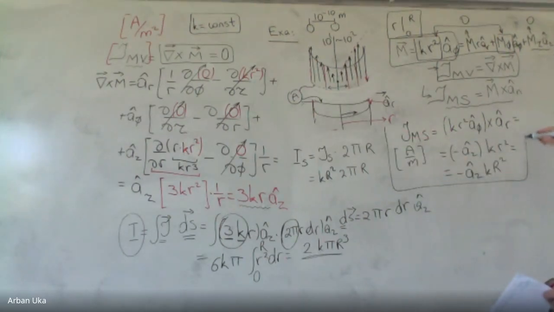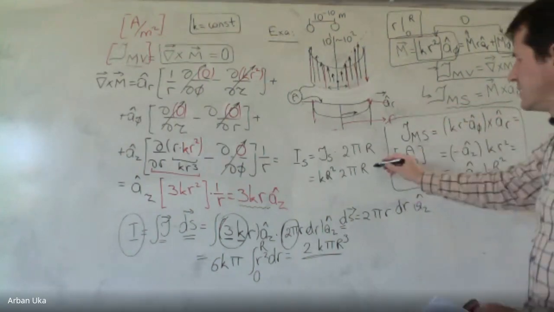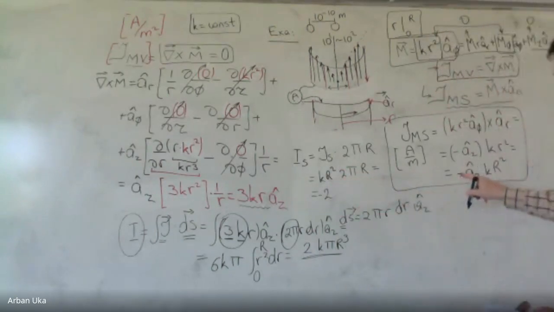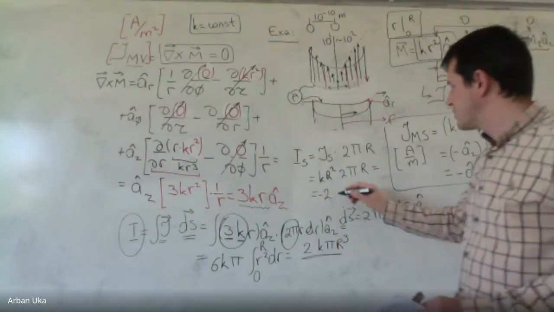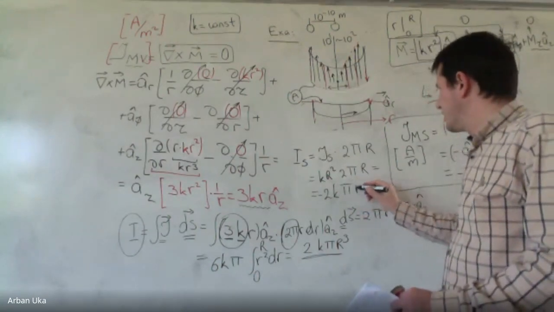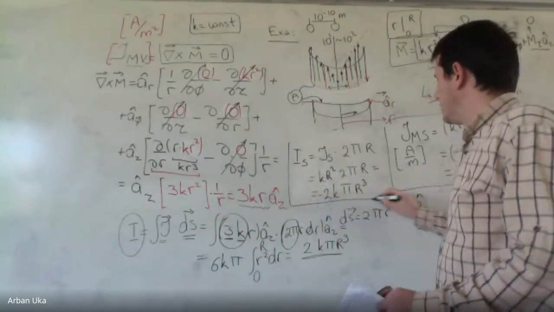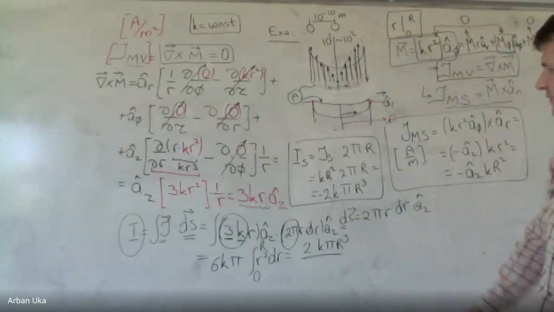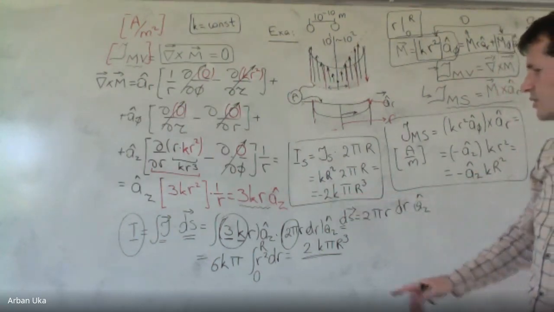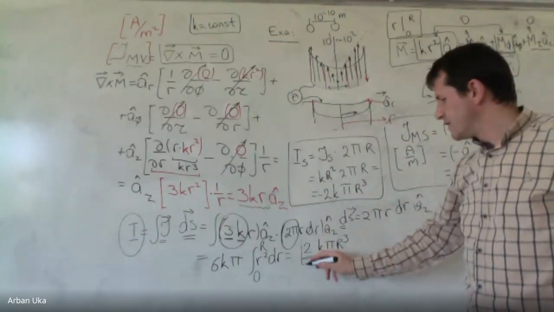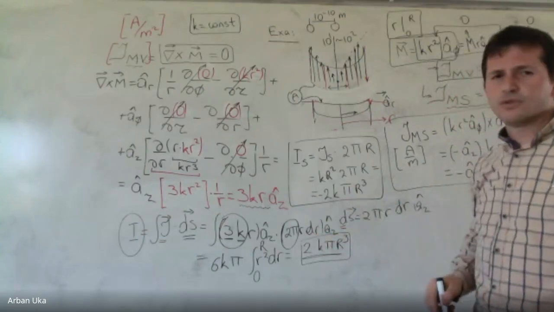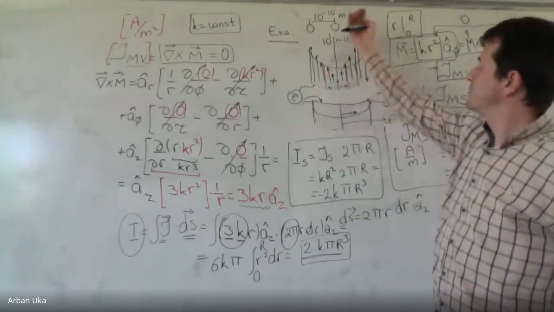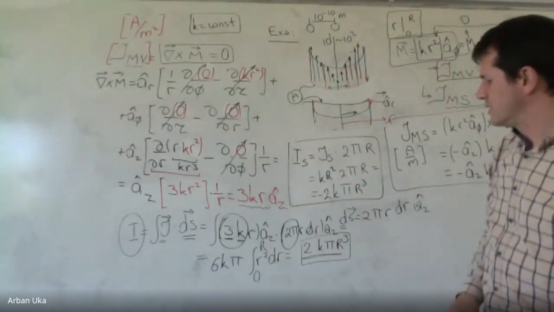So that we are not confused, this is what we got a while ago, and this is what we are getting now. This is 2k, and we also have a minus sign, because this minus sign is still there. So we get minus 2k pi r cubed. So this is the current spilling out over the outer surface area. It's minus 2k pi r cubed, and the current flowing upwards is equal to this. So if we add these two, we get the total current of 0, which also means that the current is conserved. So the current flowing upwards is coming down backwards.